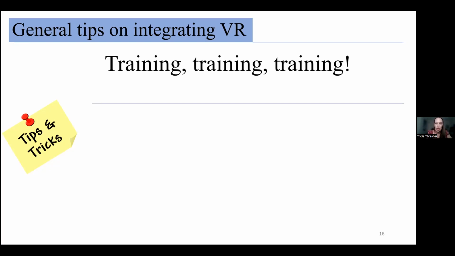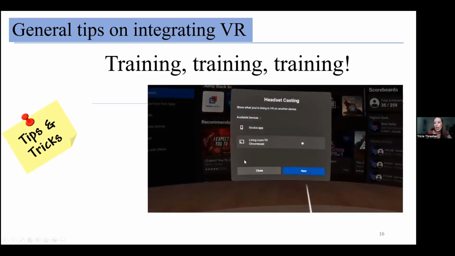And then one thing that I will say that's really important for training purposes is that in the VR headsets, they have the opportunity to cast. It's called a casting feature. You select it and then it shows what the person is seeing in VR on either the desktop computer or a TV. You can link it to whatever you have, but it's really helpful when you're guiding students through what to do.